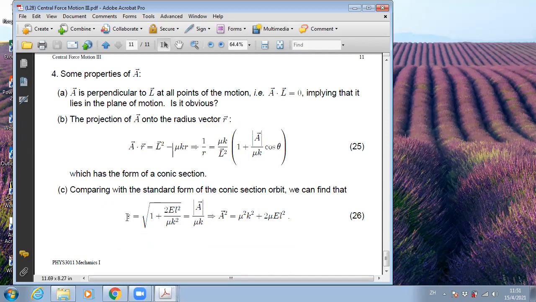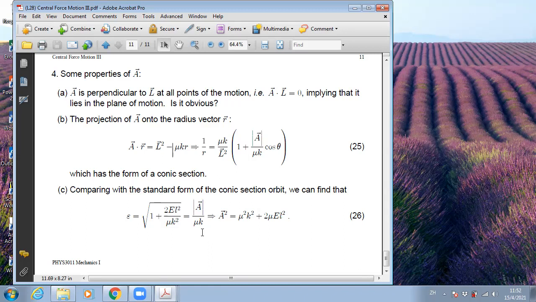We realize that the eccentricity is actually equal to the magnitude of the Runge-Lenz vector divided by mu K. How nice. So the Runge-Lenz vector is actually a parameter characterizing the eccentricity of the orbit. Once you have a definite orbit, it fixes the eccentricity, which in turn fixes the Runge-Lenz vector.